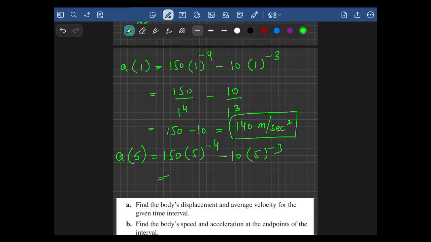So 150 into 5 raised to power minus 4 minus 10 into 5 raised to power minus 3. Okay, so the answer becomes 0.16 meter per second square. Acceleration at the other endpoint.